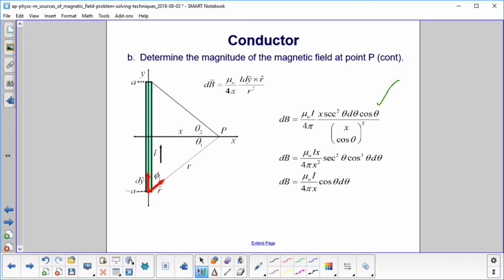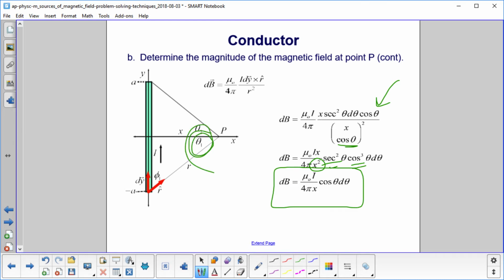So we have this from the previous slide. And what are we doing? We bring cosine squared theta up to the top. So we have cosine cubed theta, secant squared theta here. And we have the x squared. We pull that out front because, of course, that's a constant. And we divide out. And here is the magnitude of our dB: mu 0 I over 4 pi x, cosine theta.